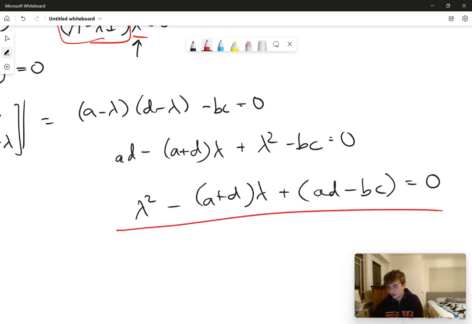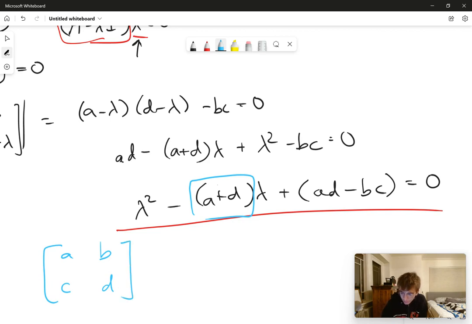Okay. And notice that this characteristic equation, in fact, has some very important coefficients. So this coefficient a plus d is in fact the trace of the matrix. Okay. So remember, the trace is just the sum of all the diagonal terms of the matrix. So this is just the trace, and I'm going to call it tau for trace.